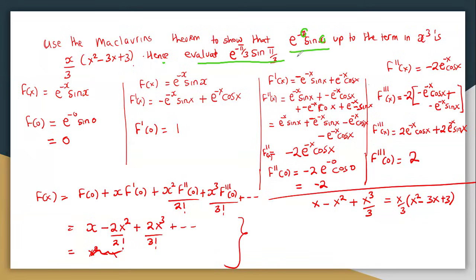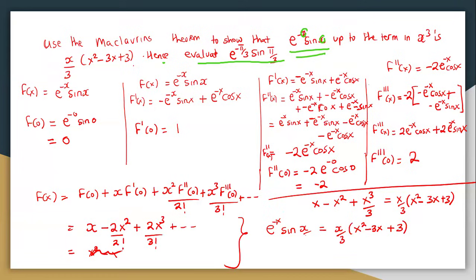Compare what you have expanded. At the end of the day, what we have expanded, the whole of e to the negative x sine of x, is the same as x over 3 into x squared minus 3x plus 3.